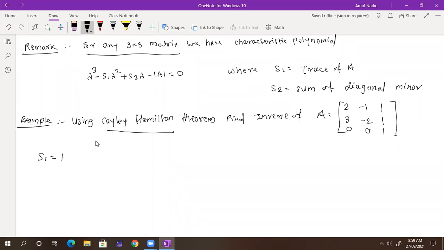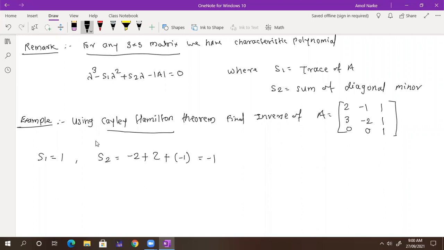1. Okay. What is the value of S2? So let's calculate S2: sum of the diagonal minors. You can directly tell me now, no need to write down the values. So it becomes minus 2. Very good. Plus, this gets cancelled, this gets cancelled, again I am getting 2. Yes or no? And plus this minus 4 plus 3. What is minus 4 plus 3? So it becomes minus 1. Yes or no?